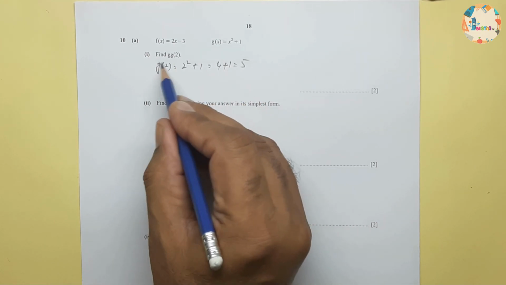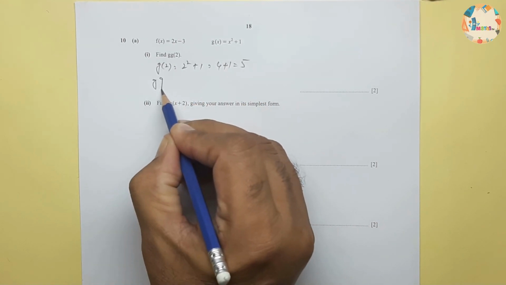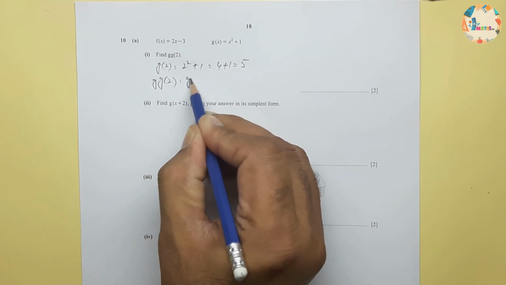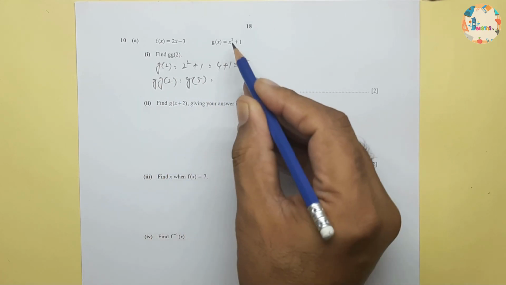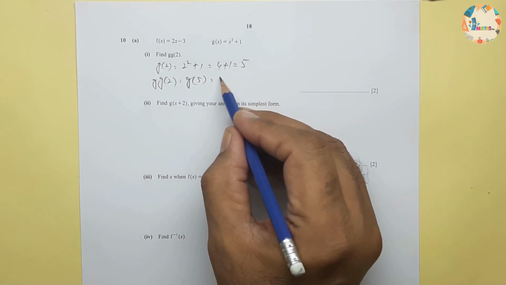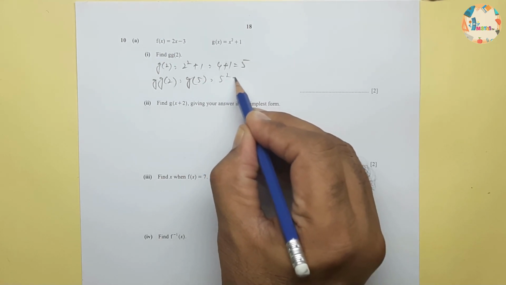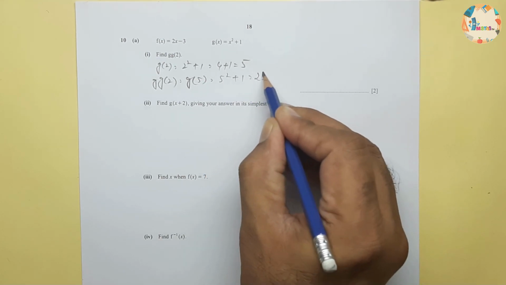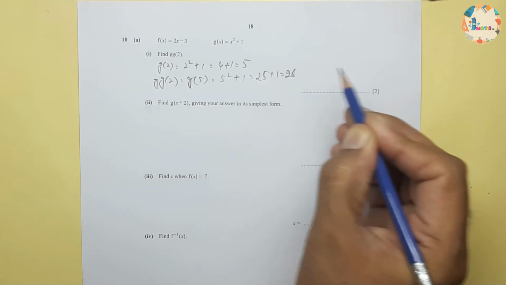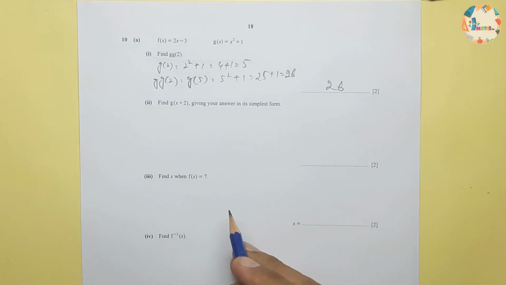Now again applying g on g of 2, which is g of 5. This will be 5 squared plus 1, which is 25 plus 1, which is equal to 26. Our answer will be 26.